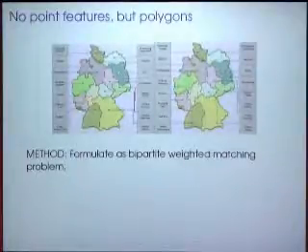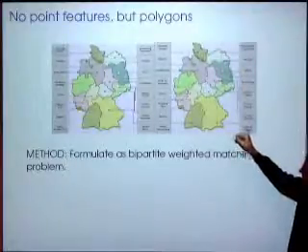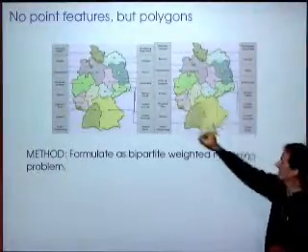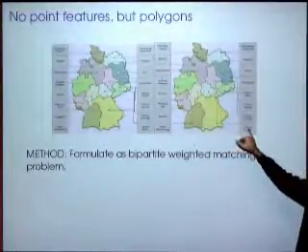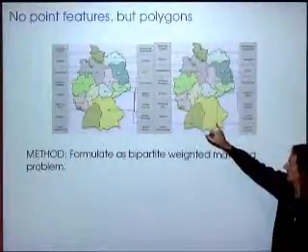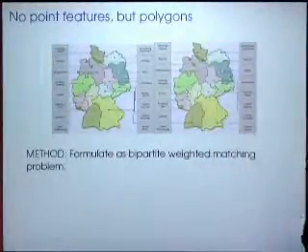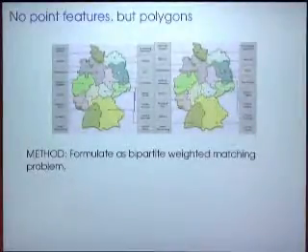Okay, and then if the label of Bavaria is here, then it's optimal to place the point somewhere down here, because then the leader is very short and straight.